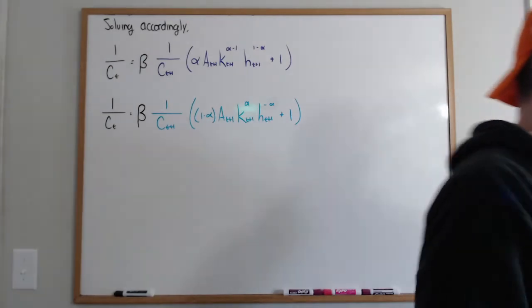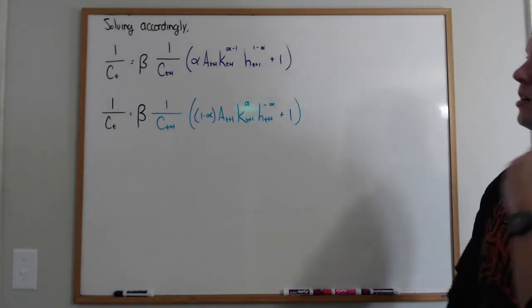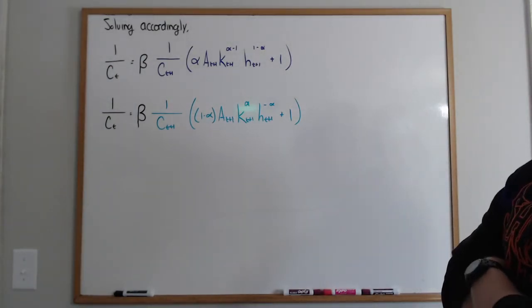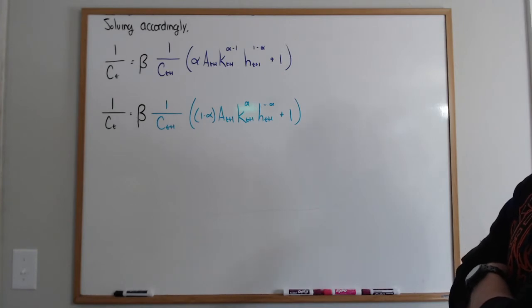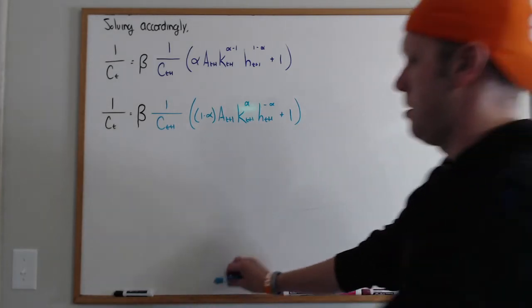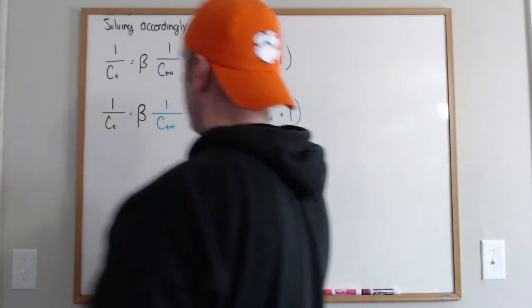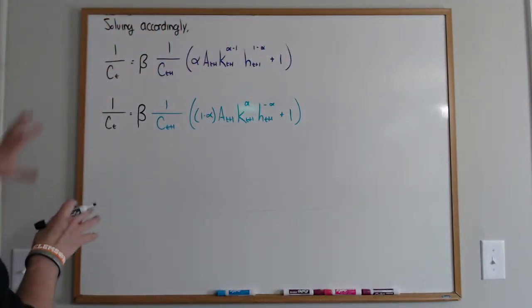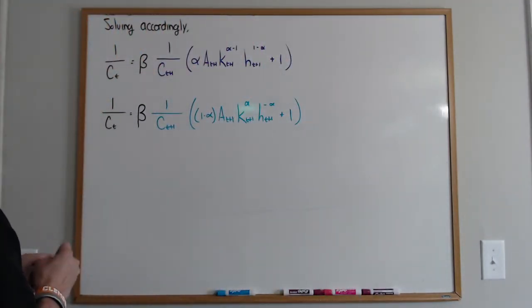We got a 1 over CT in both equations, we got a 1 over CT plus 1 in both equations, and we got a beta in both equations. So I'm not going to use different colors anymore. Actually, what the hell, different colors are fun.